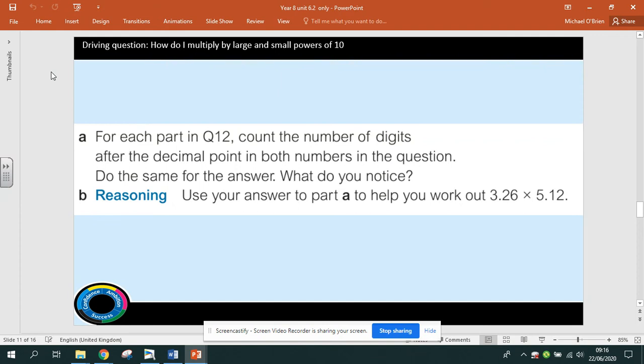Use your answer to part A to help you work out 3.26 times 5.12. Okay, just spend a little while going through that for me, please, and return when you're ready.